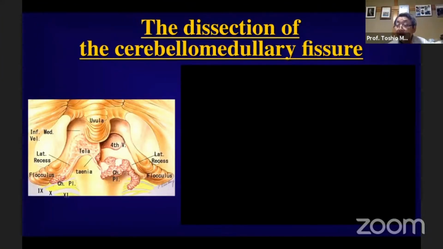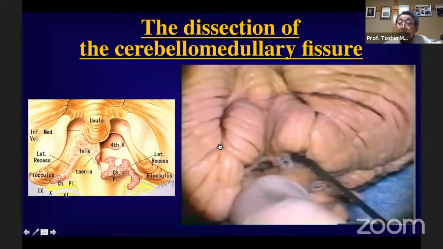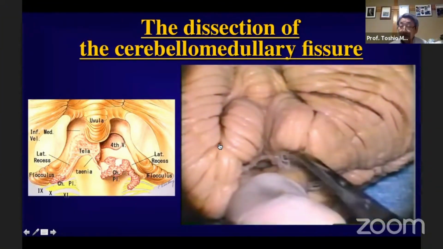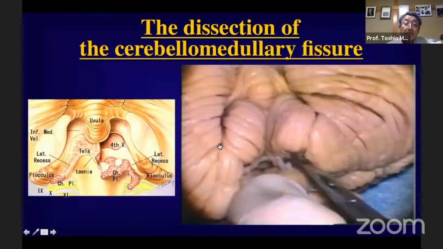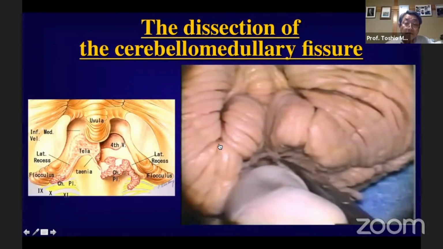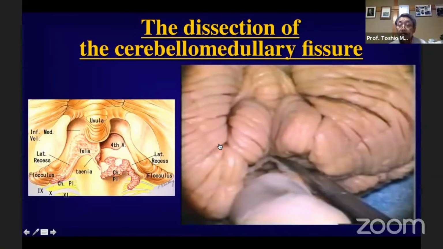I'll show you dissection of the cerebromedullary fissure using the cadaveric specimen. Now we are entering the right cerebromedullary fissure. The fibrous connective tissue between the tonsil and the tela choroidea is being cut.